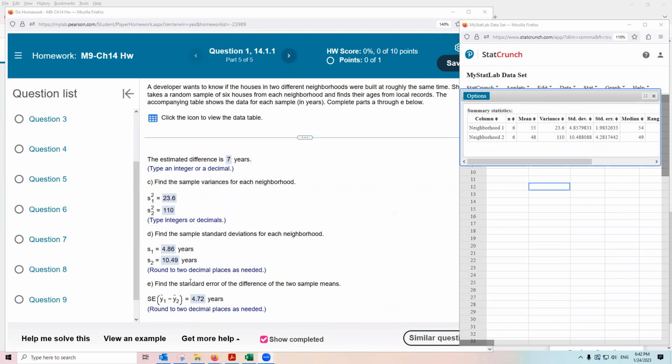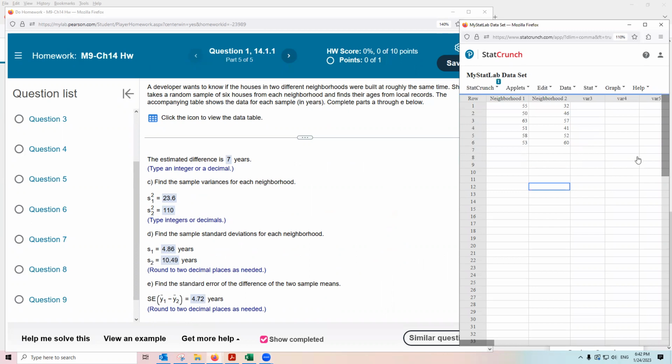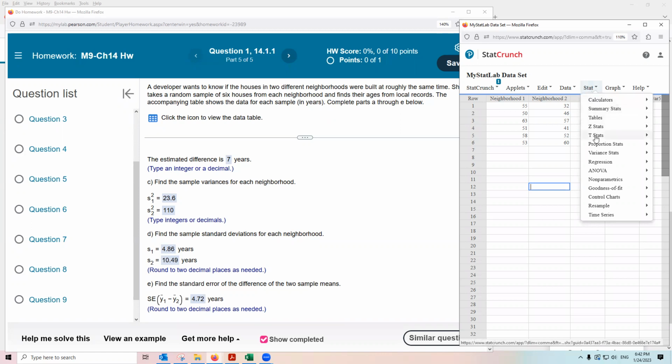Now, there's a formula for this in our textbook, and it's kind of a messy calculation. Well, it turns out when you set up a hypothesis test for the difference of two means in StatCrunch, StatCrunch calculates the standard error for you. So I'm going to go to Stat, and this is going to be T-stats. Now, why T-stats?